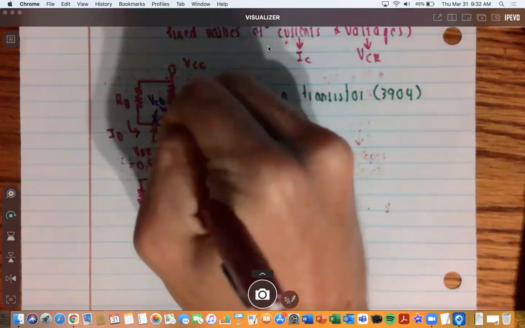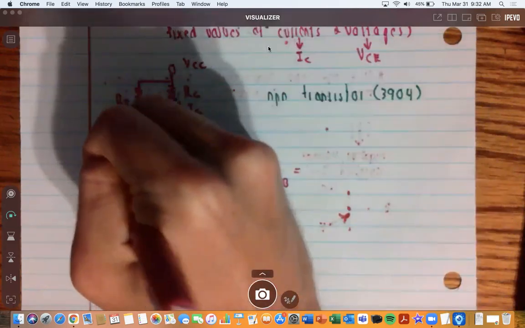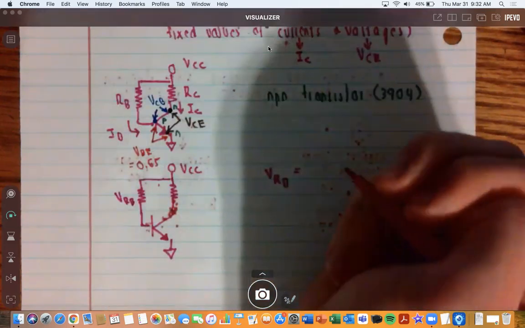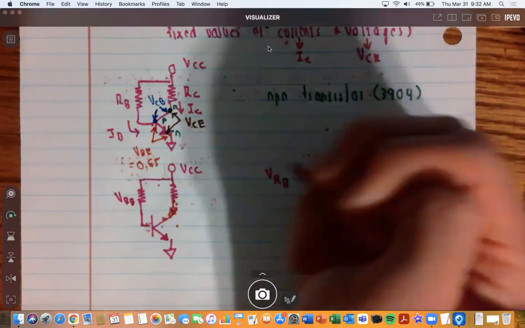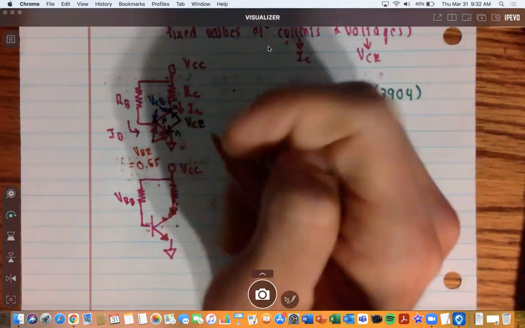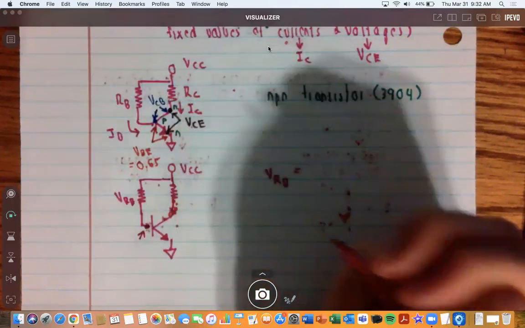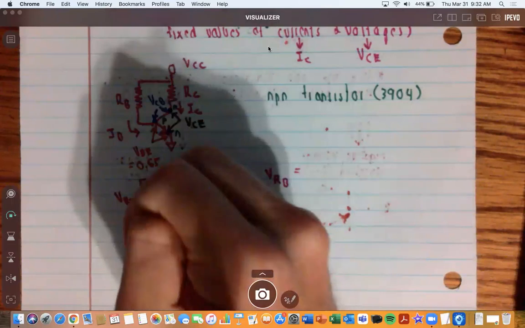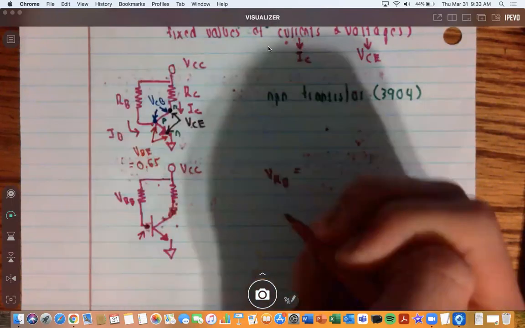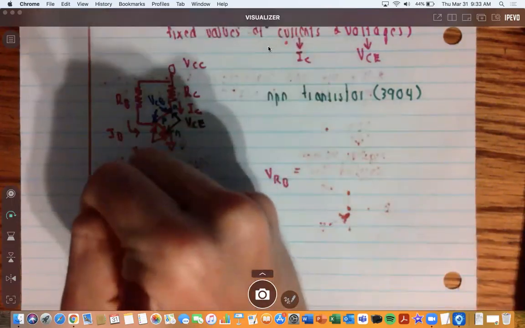Well, we know the voltage on the resistor of the base is going to be between VCC and this point here. What can we label this point? That point there is between the base and with reference to the emitter, so we can call that VBE.